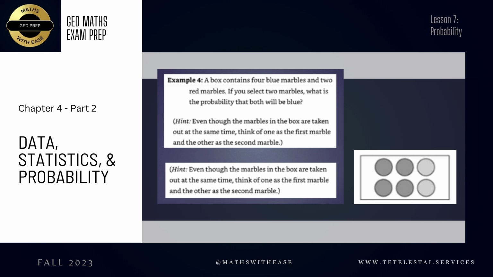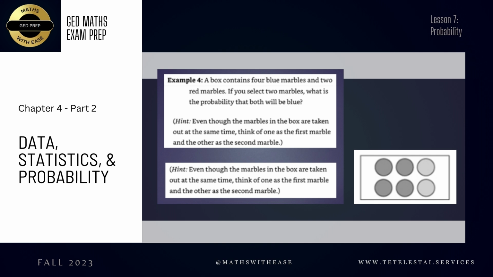Remember again, we just went from discussing independent events, where one doesn't depend on the other. Now we are talking about dependent events, but there's a note here telling you to imagine that, since you're grabbing both marbles simultaneously, the first marble and the second marble are not independent draws.